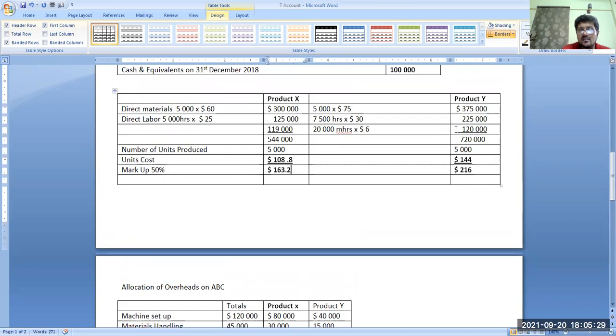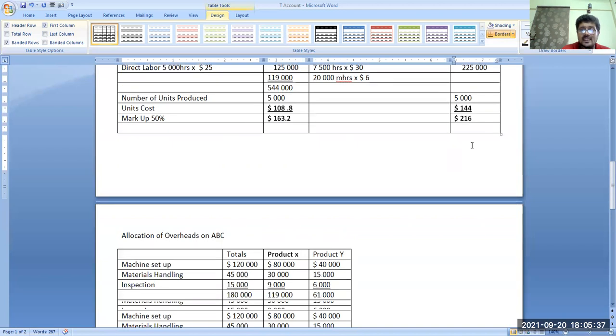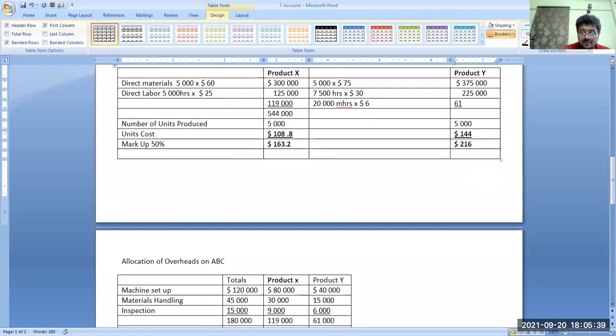Now see, again, delete this and delete this. What will happen? Product Y 61,000. Okay. Now total $375,000 plus $225,000 plus $61,000.